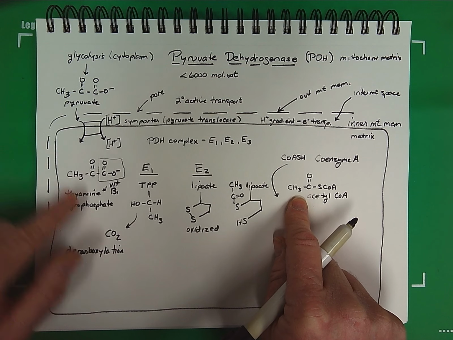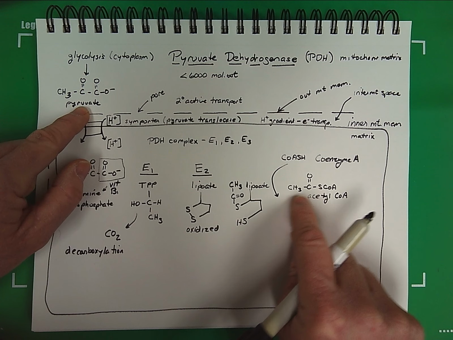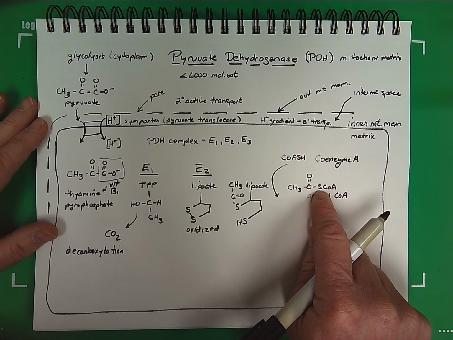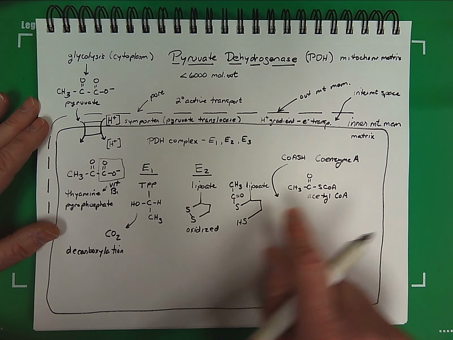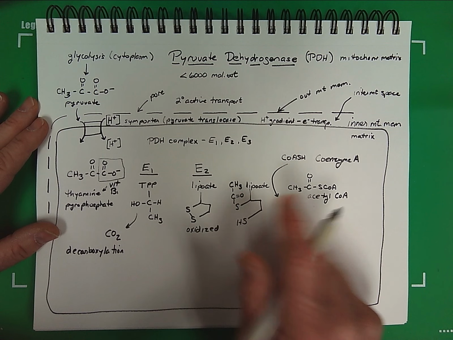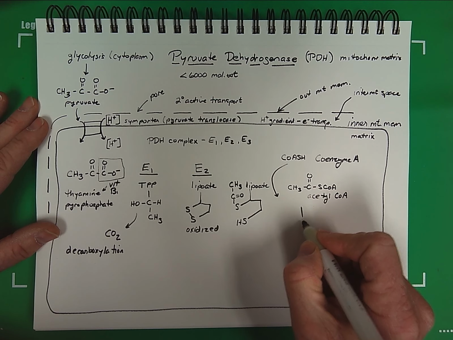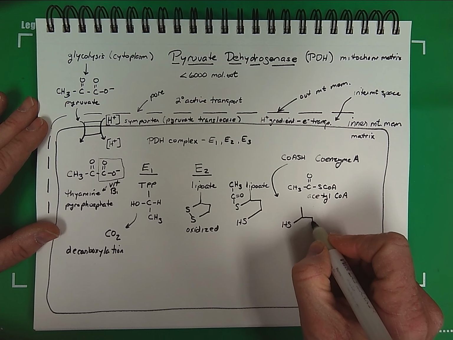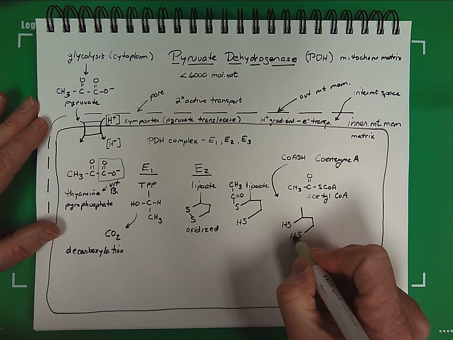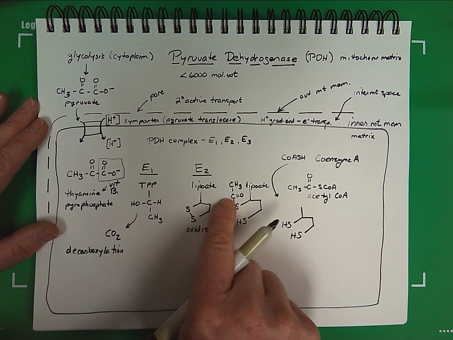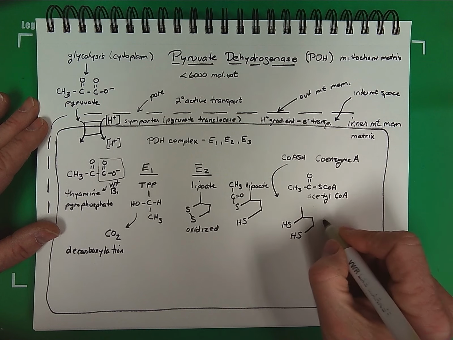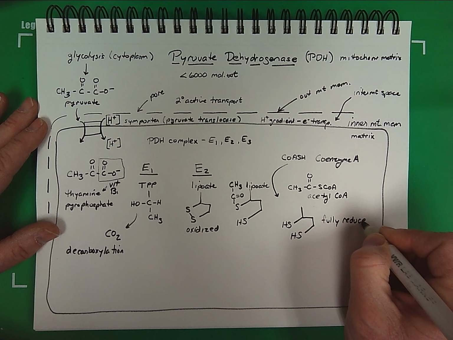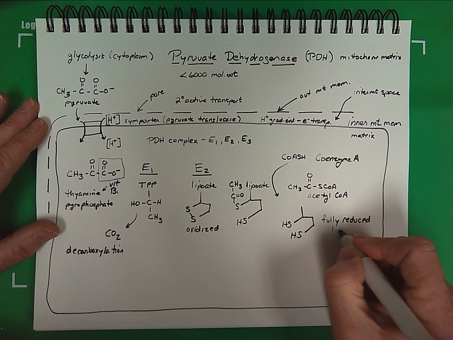So this is the final product of the pyruvate dehydrogenase enzyme. We've transformed the pyruvate into acetyl, 2 carbons with a carbonyl, CoA. The cofactor is bound covalently. Now, what happens to the lipoate here is we have our sulfur group that has lost the acetyl group, and now we have a fully reduced lipoate.